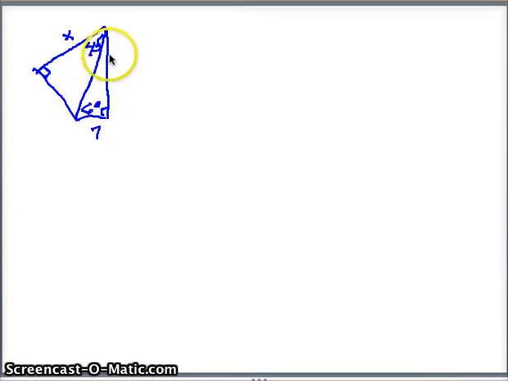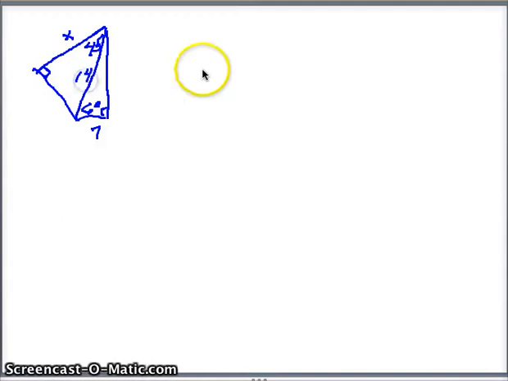I know in the special triangle of a 30, 60, 90 triangle that this side right here opposite the 30 degrees is going to be 1/2 of the hypotenuse. Therefore, the hypotenuse is going to have to be 14.